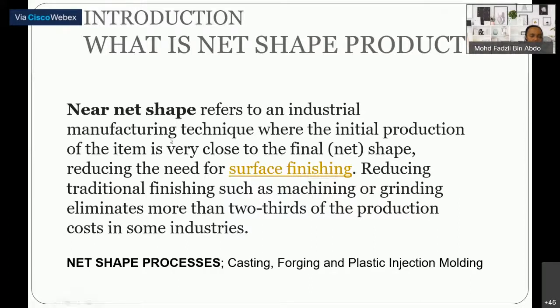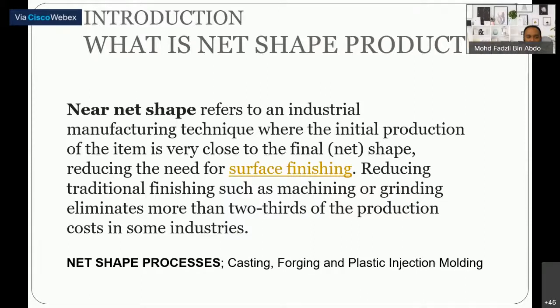Maksudnya ni adalah satu teknik manufacturing yang mana kita produce the item tu very close dengan the final product yang kita nak. Which mean the final product yang kita nak biasanya adalah dalam bentuk yang kita lukis lah dalam SolidWorks ke ataupun dalam AutoCAD ke, with the dimensions lah. Which mean the dimension is close to the dimension yang awak design.